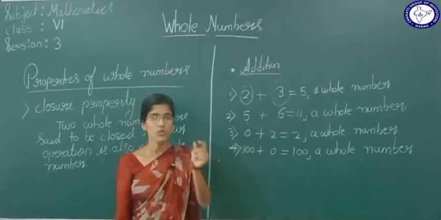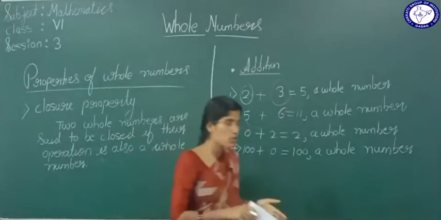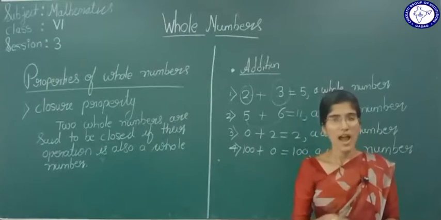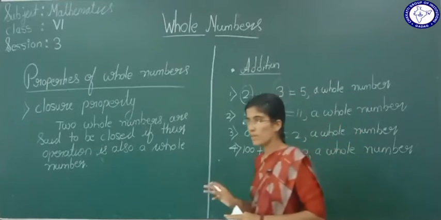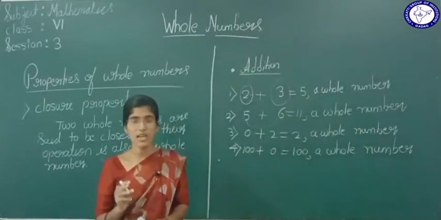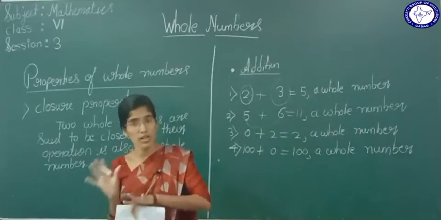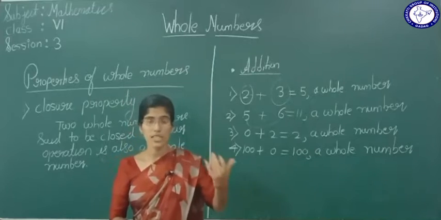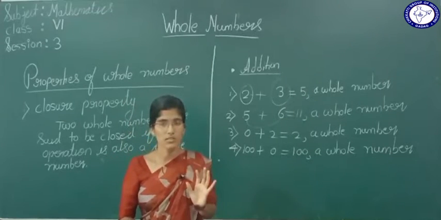So what does closure property mean? If you take two whole numbers, add or multiply or subtract or divide, and a whole number comes again, we can tell that whole numbers are closed under that operation.